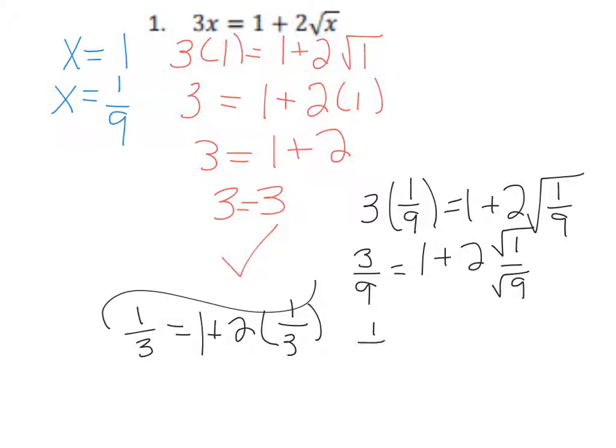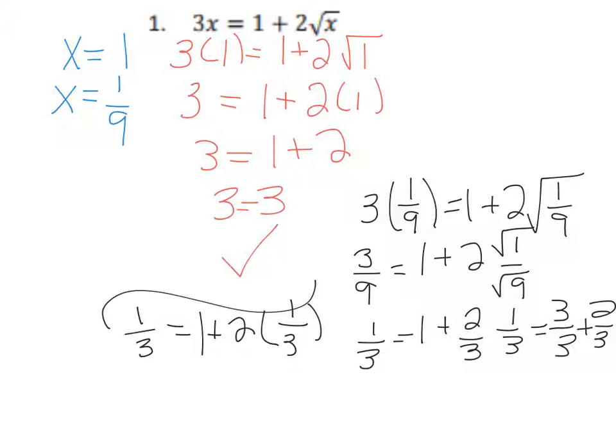So does 1/3 equal 1 plus, distributing that 2 to that 1/3, I get 2 divided by 3. And if you set common denominators, you will find that 1/3 is going to equal 3 over 3 plus 2 over 3.